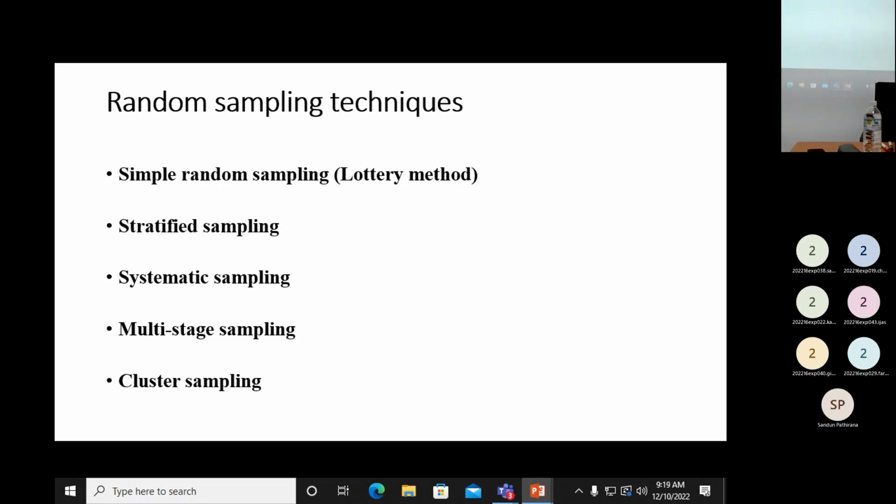After identifying that strata, then you calculate the ratio of stratification.